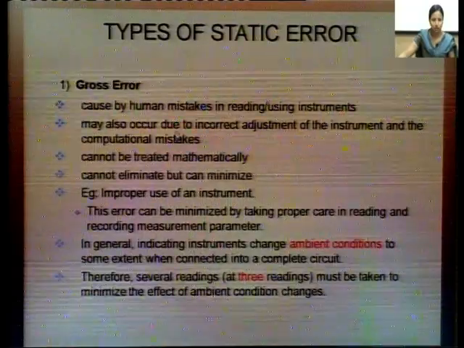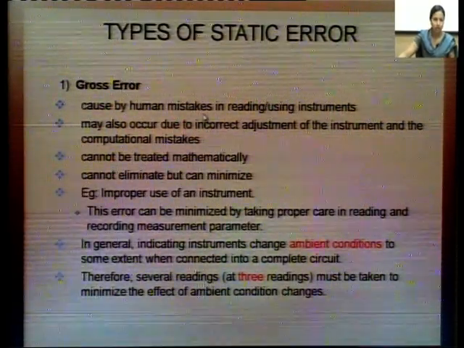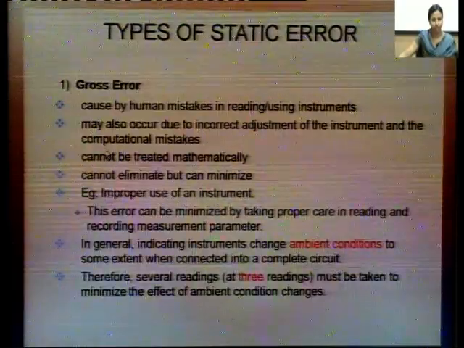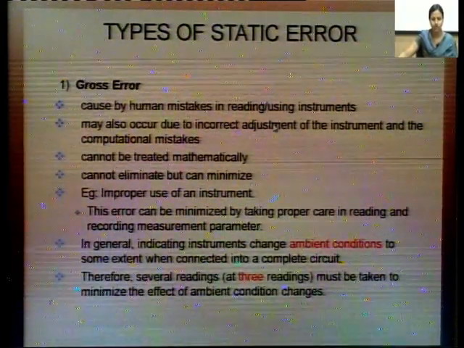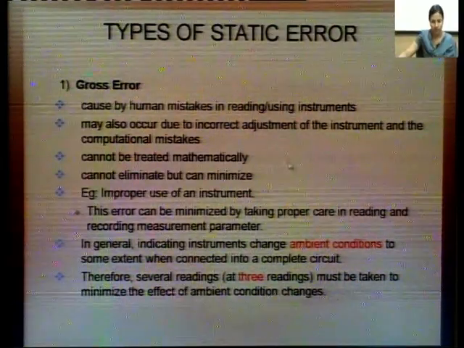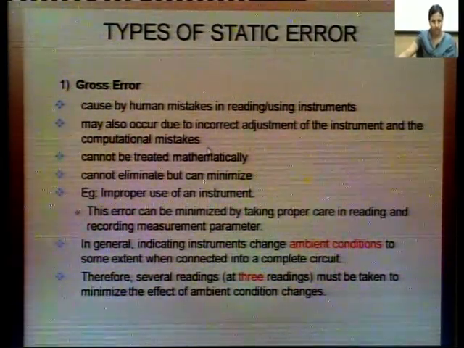It is mainly due to human mistake, that is the human is using the wrong way to measure a thing. It may also occur due to incorrect adjustment of the instrument and computational mistakes.